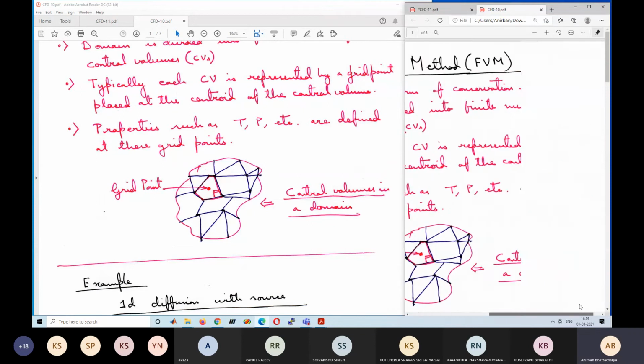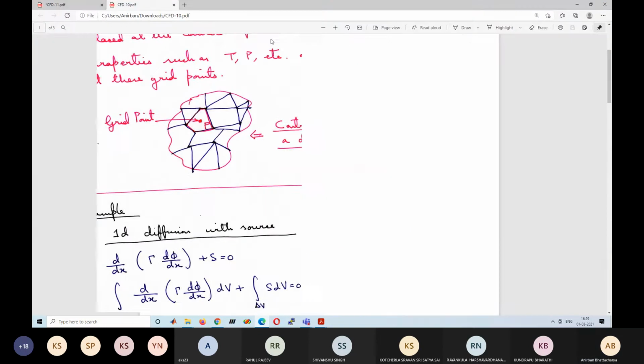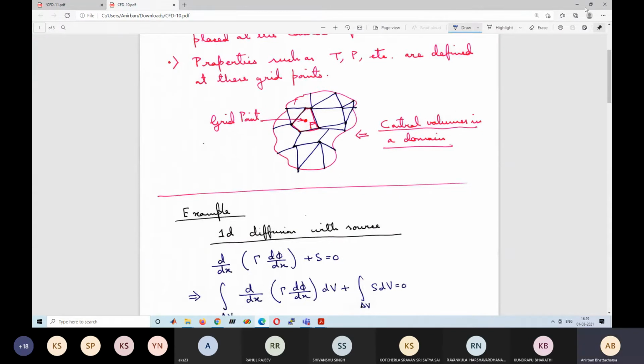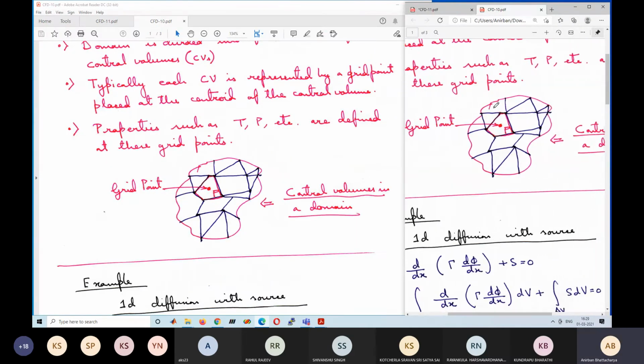So I can write AP TP equal to A1 T1 for this point plus A2 T2 for this point, common faces only, plus A3 T3 for this point plus A4 T4 plus A5 T5.